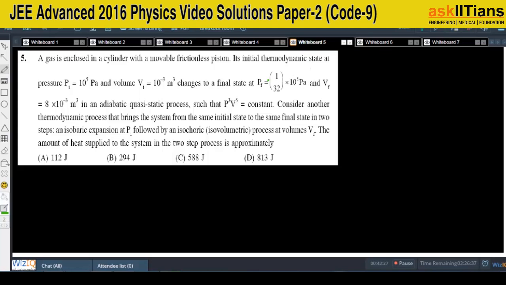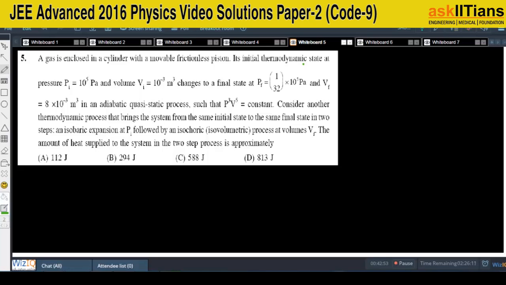Question 5. In question 5, a gas is enclosed in a cylinder with a movable frictionless piston. Its initial thermodynamic state is pressure P1, volume V1, and it changes to the final state PF, VF in an adiabatic quasi-static process, such that P to the power 3 V to the power 5 is equal to constant.